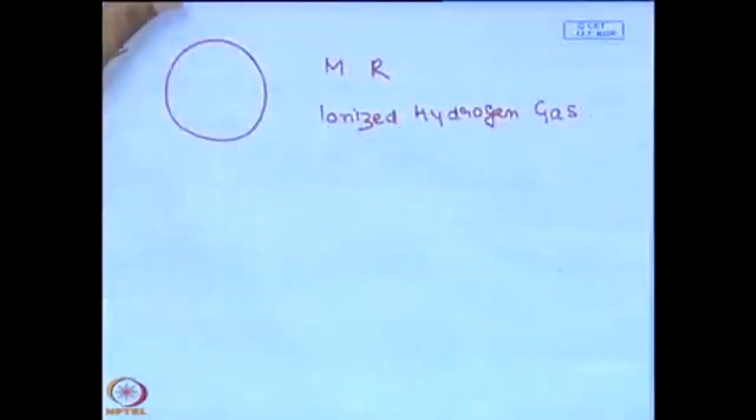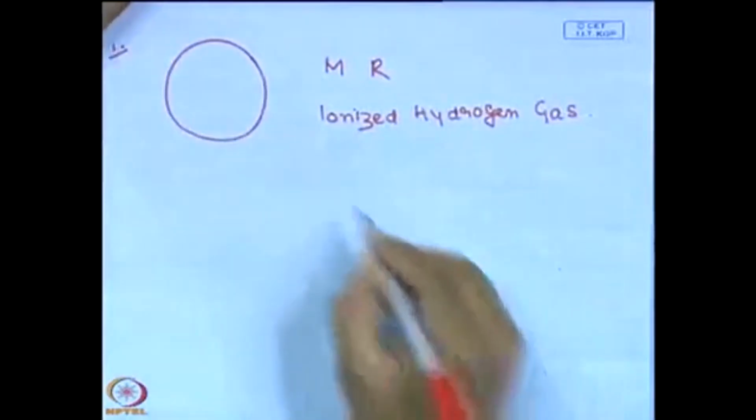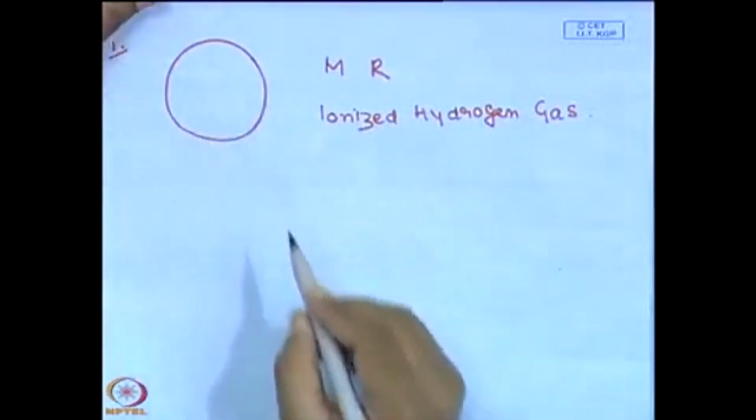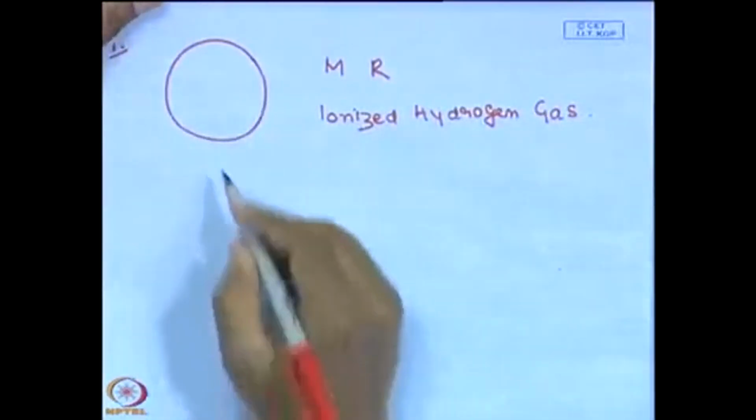Now, this sphere in virial equilibrium will have some virial temperature. We shall come to this. It has some virial temperature, and we will assume that it also emits radiation from the surface.